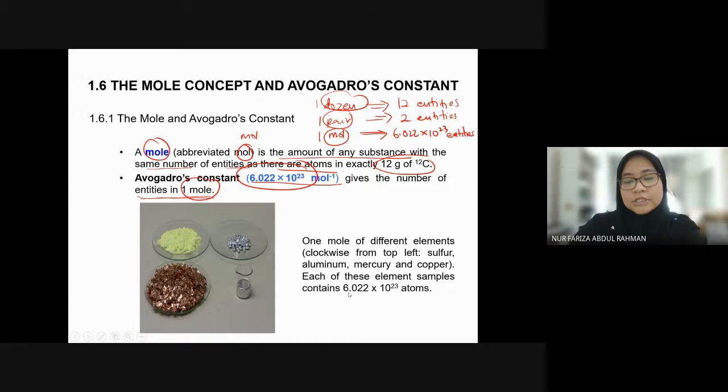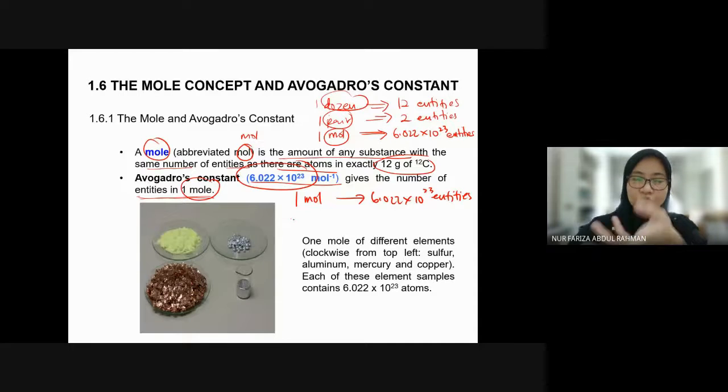The number of atoms, the entities in this case, present for each one of them is 6.022 times 10 to the power of 23. So this is 1 mole, 1 mole, 1 mole, 1 mole. Please take note of that. So far we have this relationship, 1 mole equals 6.022 times 10 to the power of 23 entities. Entities can be anything related to atoms lah.